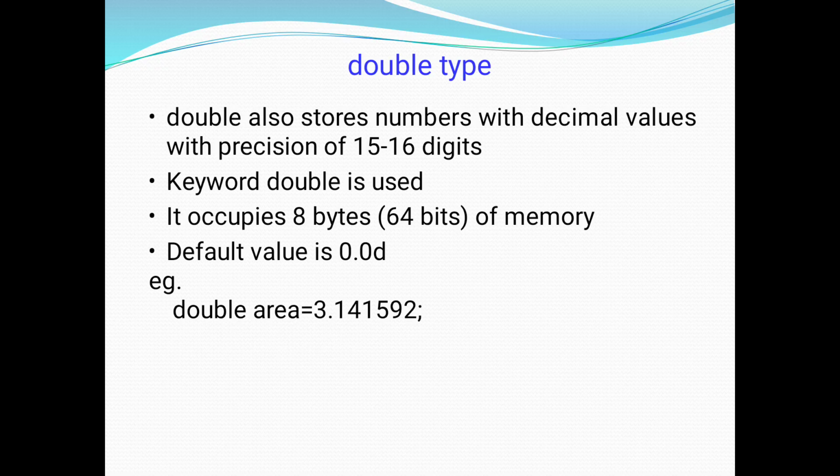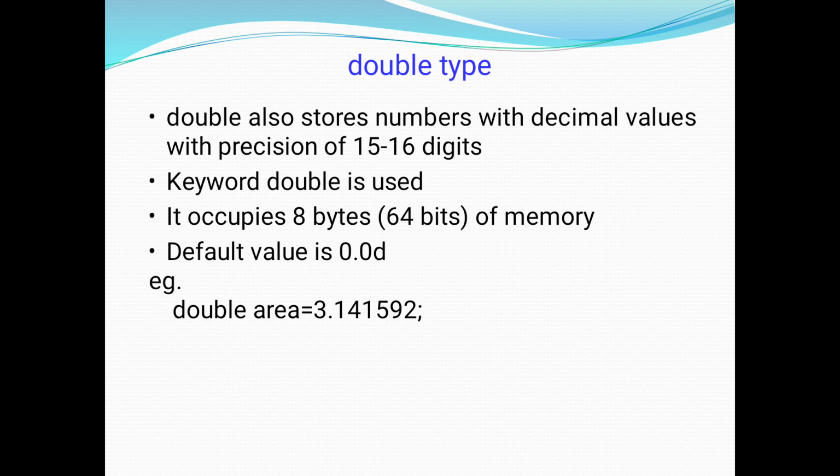Next we can see about the double data type. Double also stores numbers with decimal values. The keyword double is used to declare a double data type. It requires 64 bits, that is 8 bytes of memory space. To maintain accuracy of values, double is used. 15 to 16 digits of precision are allowed here.